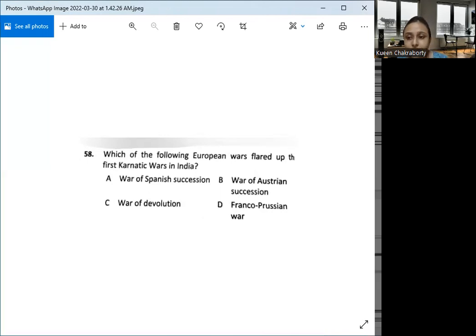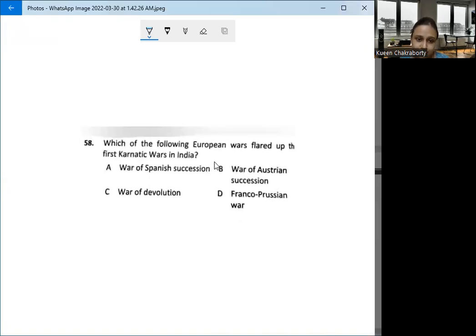The war demonstrated to French, British, and Indian observers the extraordinary advantage of European-trained military forces over those of the local Indian powers, and set the stage for the rapid growth of French hegemony in southern India under the French governor Joseph Francois Dupleix in the Second Carnatic War. So the correct answer is option B, War of Austrian Succession.